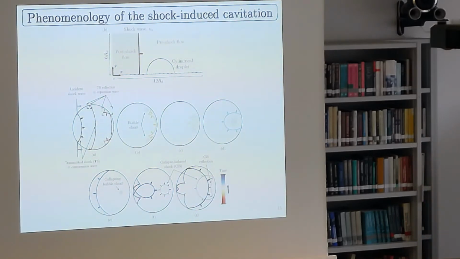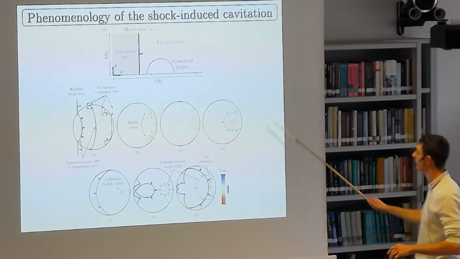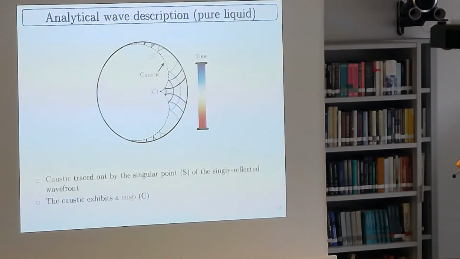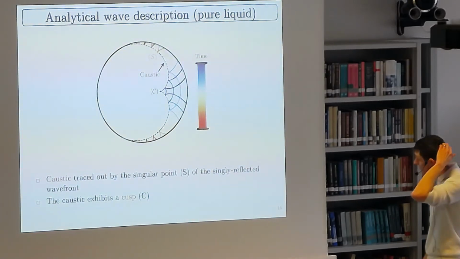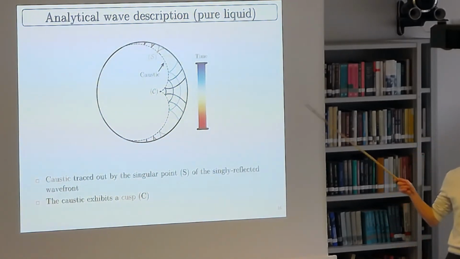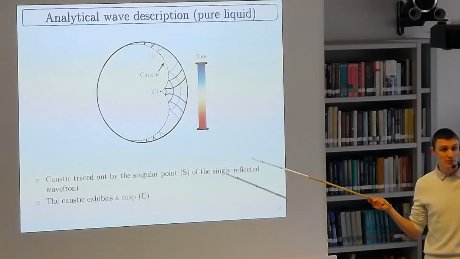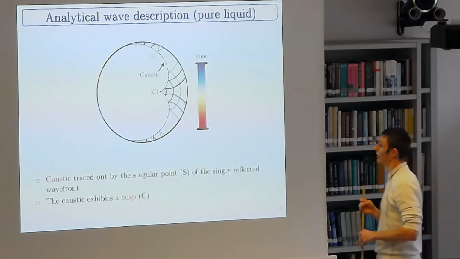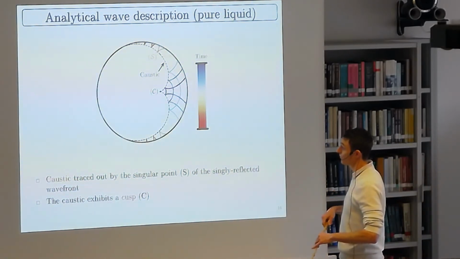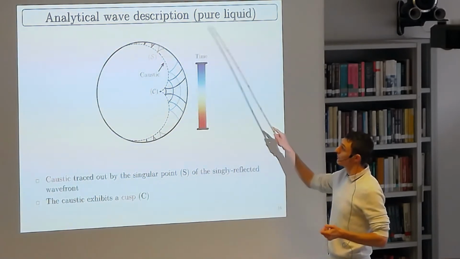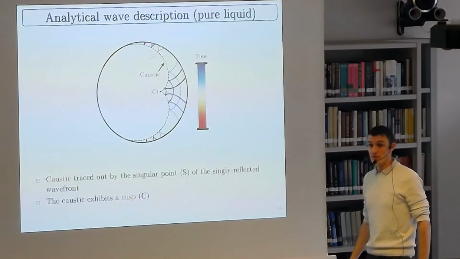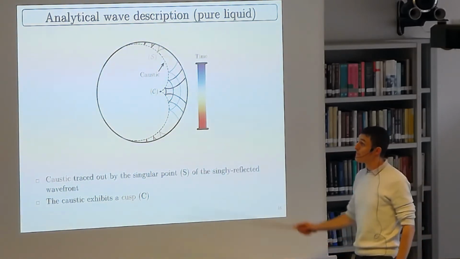Presented here, all these lines are done with analytical wave description, based on the assumption that it's a pure liquid, so they don't take into account that bubbles interact and may disrupt this. This analytical description is based on ray tracing of acoustic waves.